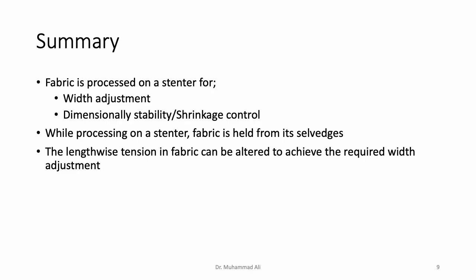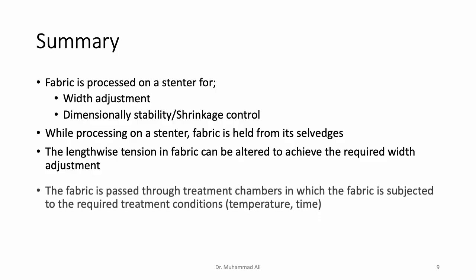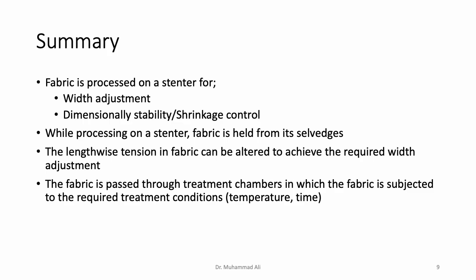On the other hand, if the lengthwise tension on the fabric is less, or if it's slack, then you can stretch a fabric widthwise. The fabric is passed through multiple treatment chambers, and this is where the processing conditions are maintained and the desired results are achieved.